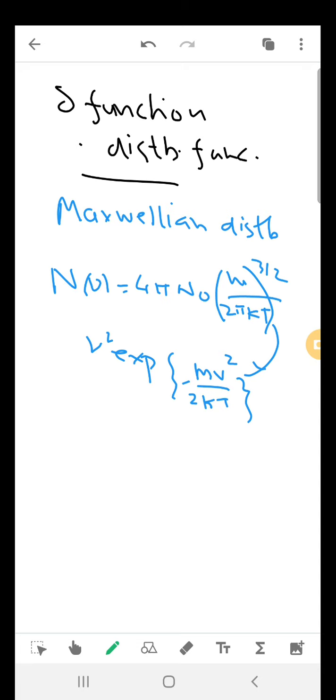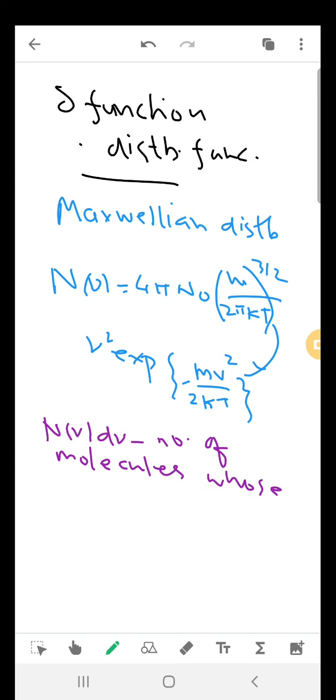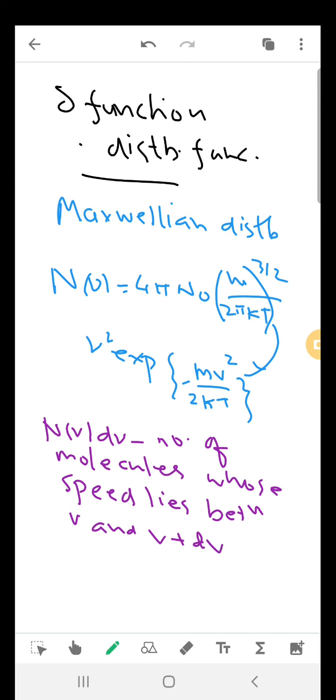Now this value n nu d nu represents the number of molecules whose speed lies between v and v plus dv.